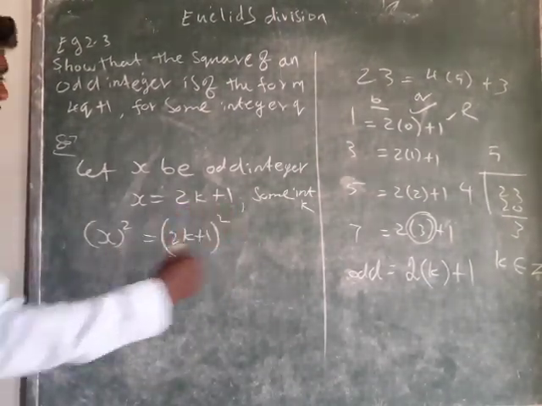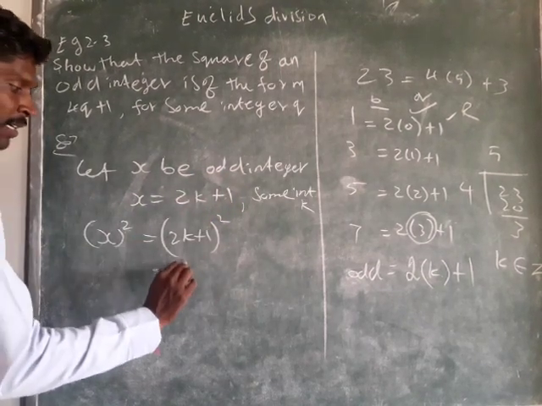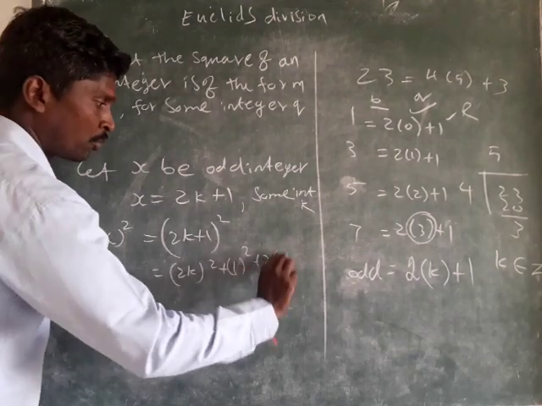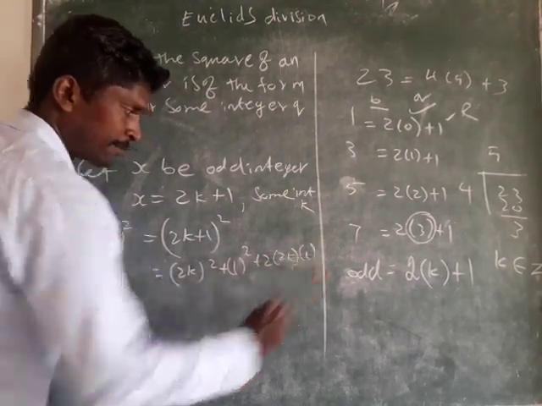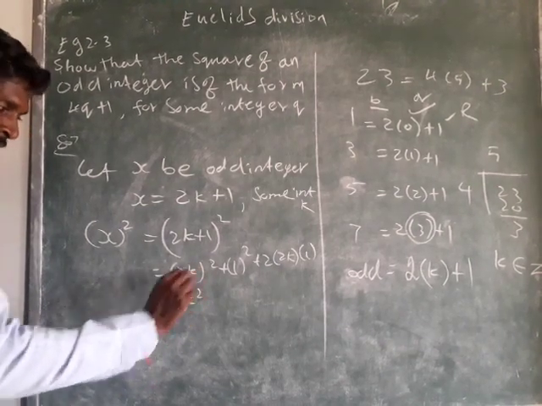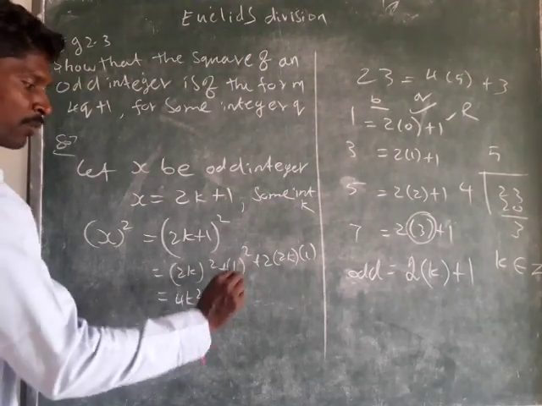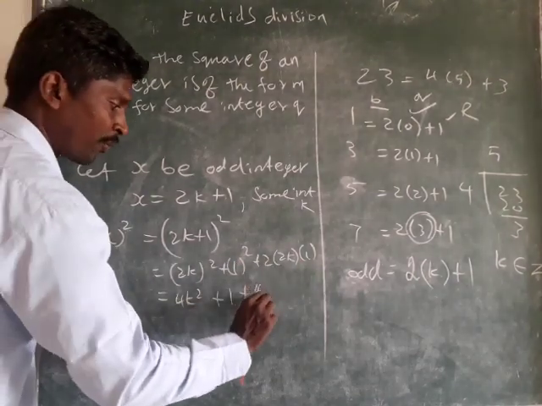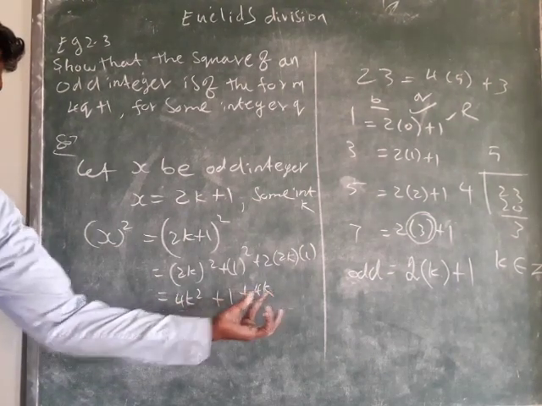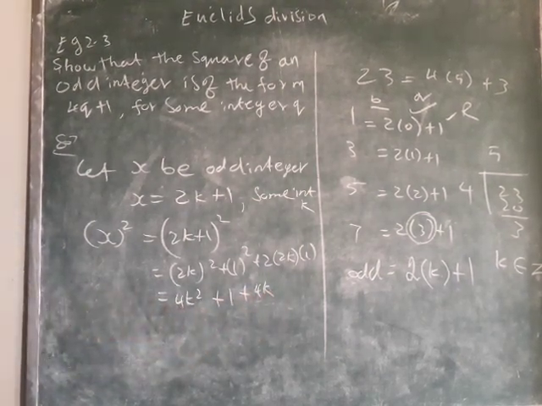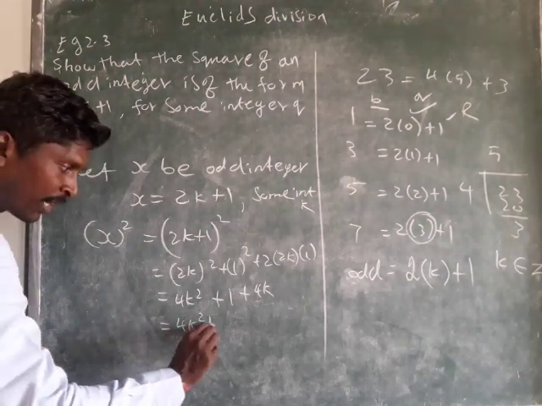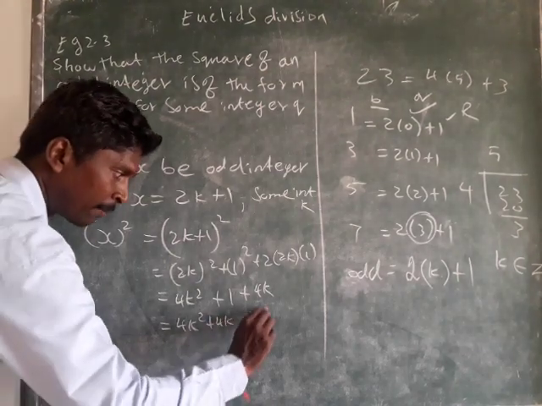Now, a plus b the whole square, we expand. So (2k) squared plus 1 squared plus 2 into a and b. When we take the square of 2, we get 4, then k squared. So 4k squared plus 1, then 2 into 2 is 4k. Now just arrange the terms: 4k squared plus 4k plus 1.